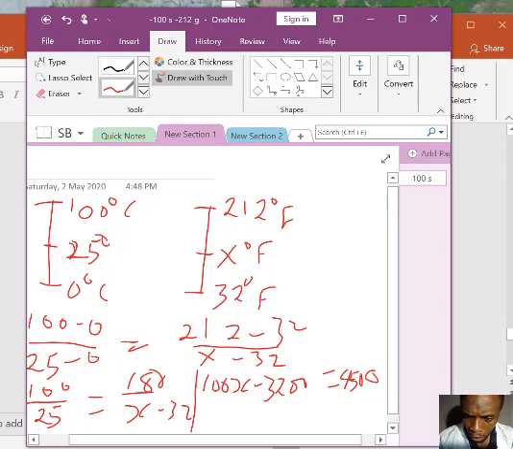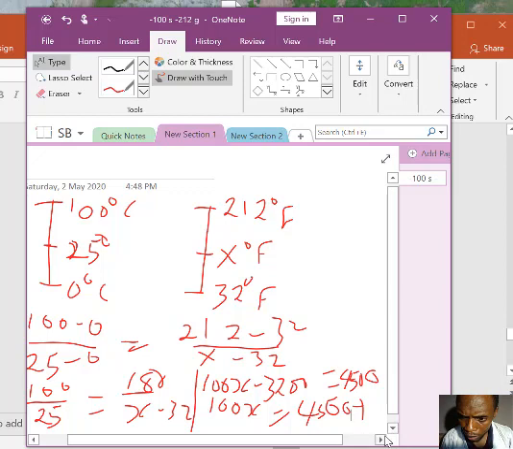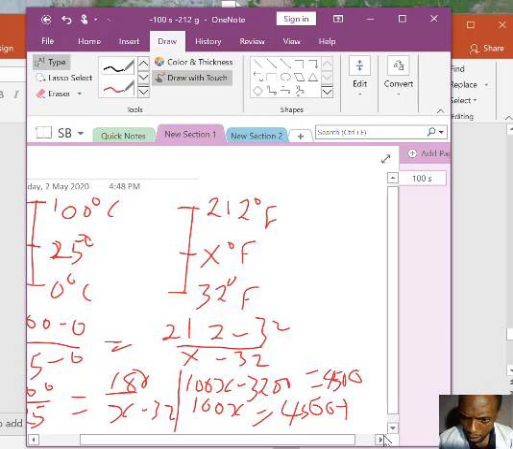So we collect like terms, we'll be having 100x equal to 4,500 plus 3,200.